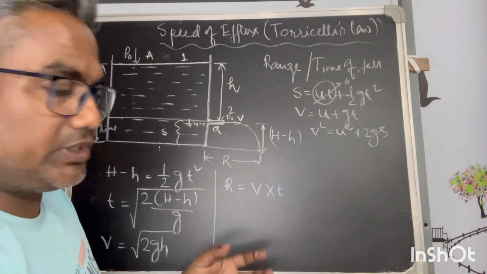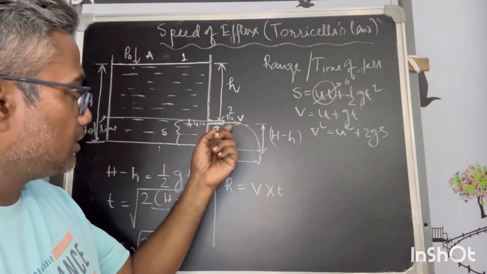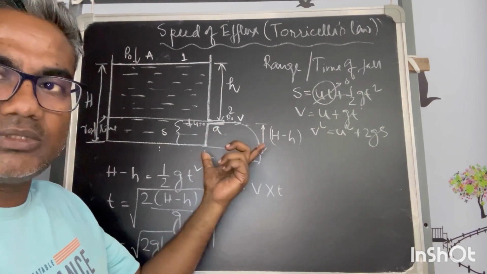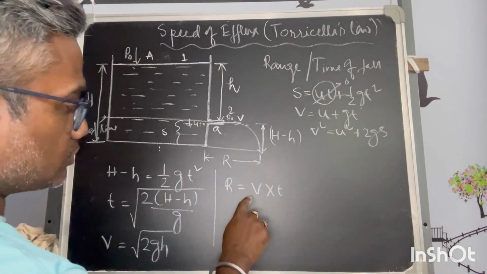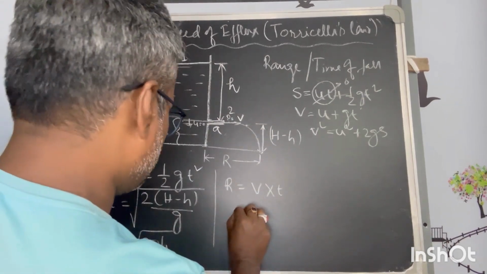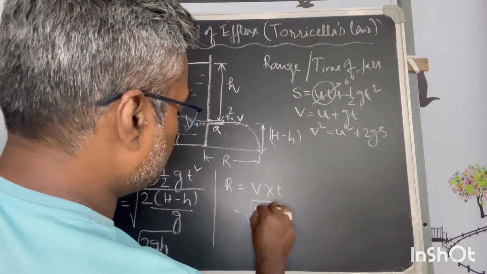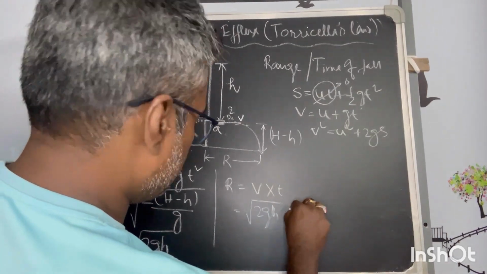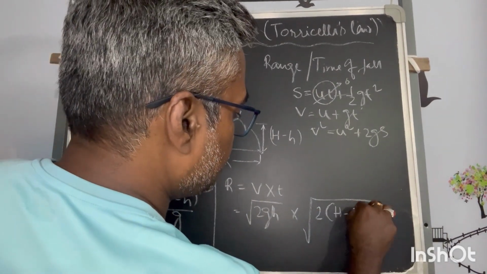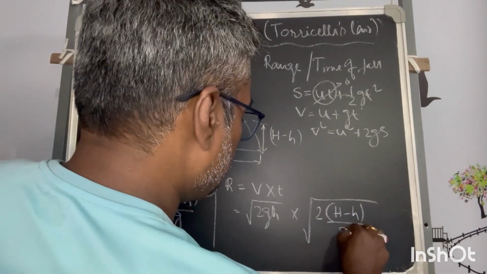It would not be mismatched, because whatever time it takes to fall down, in the same time it travels this path. So both times are the same. So the horizontal velocity times the time will be the range. So what is the range? Root of 2gh into the square root of 2(H minus h) upon g.